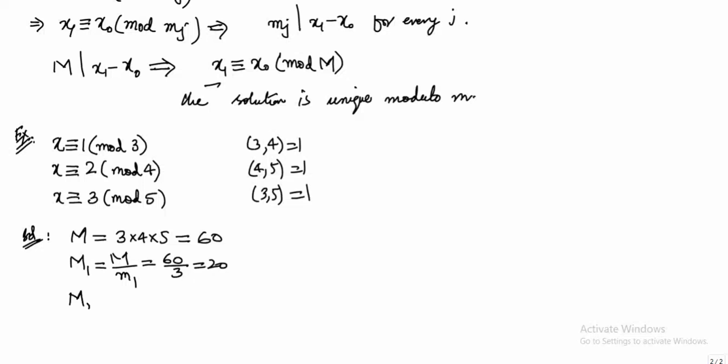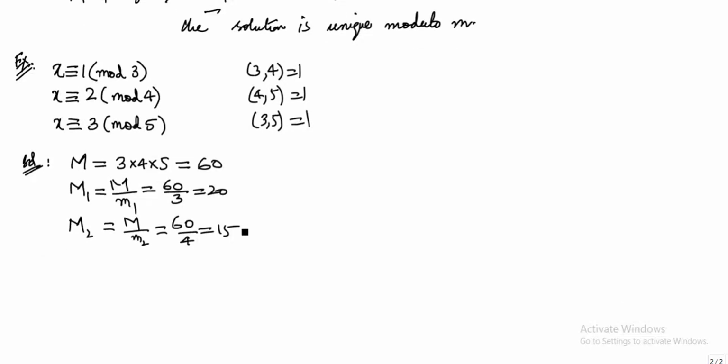M2 is m divided by m2, which is 60 divided by 4, which is 15. And M3, because we have 3 moduli here, is m divided by m3, which is 60 divided by 5, which is 12. Okay, so now we have all M_i here.